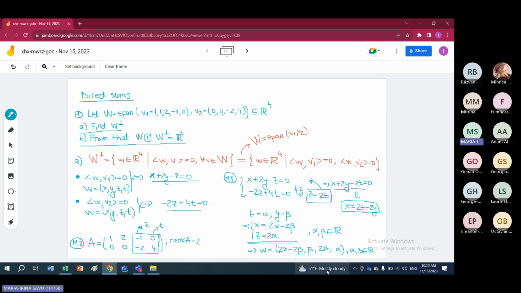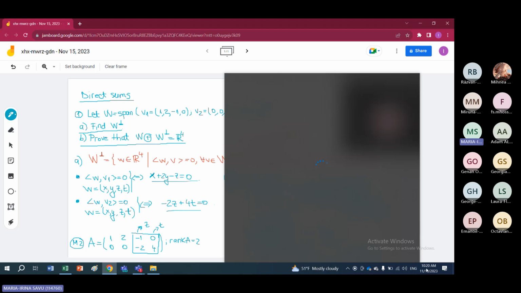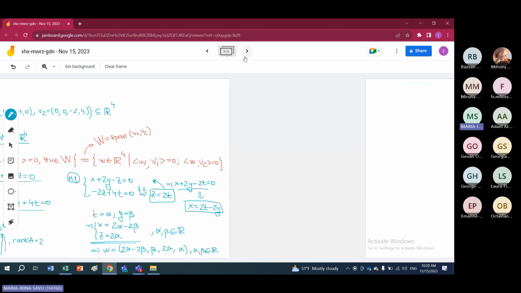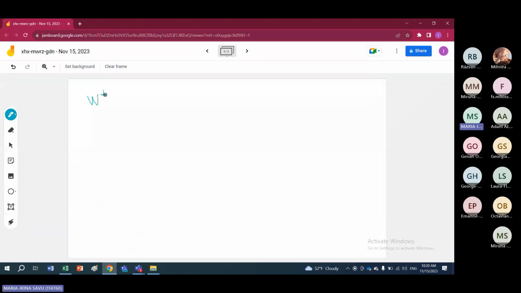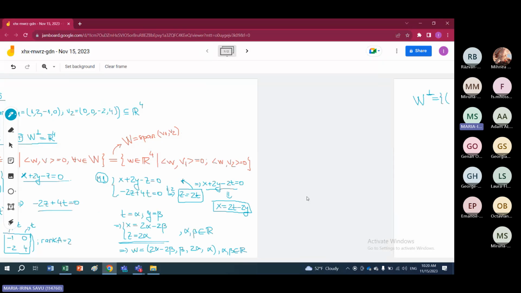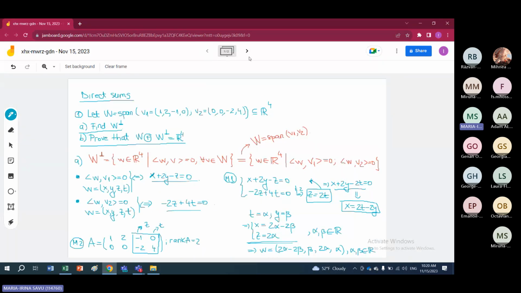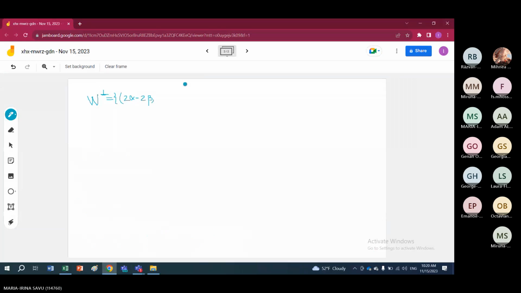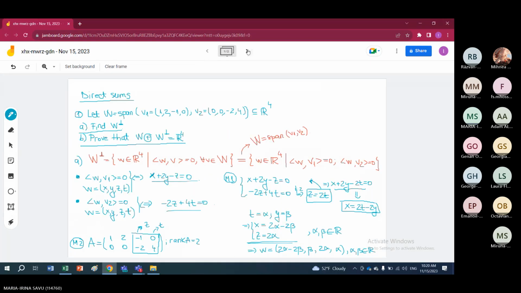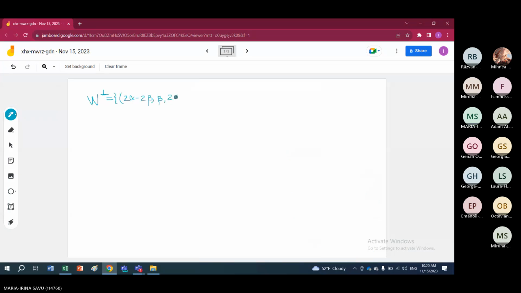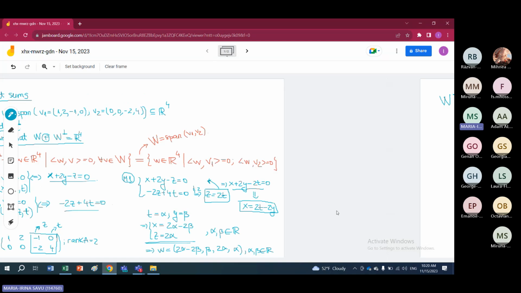So in this case, you have that the double perpendicular is the space of all these vectors, 2 alpha minus 2 beta, beta, 2 alpha and alpha, where of course alpha and beta are in R.